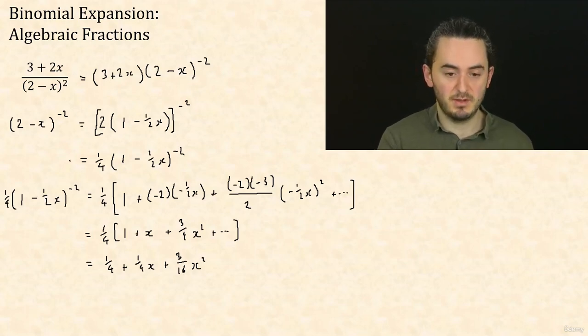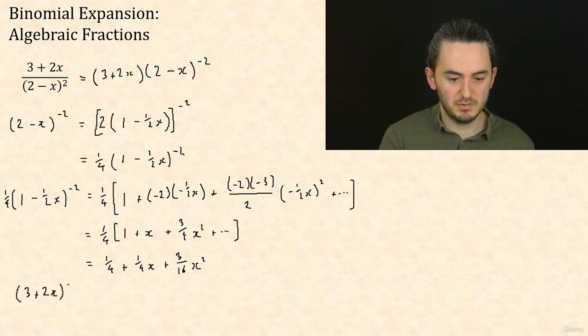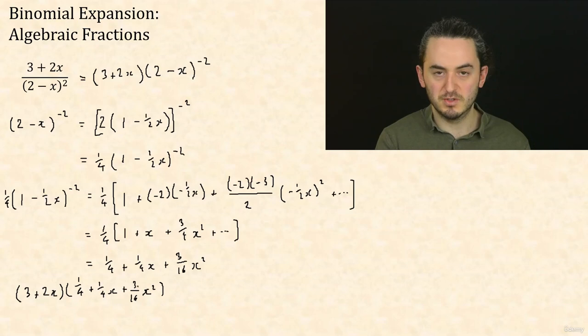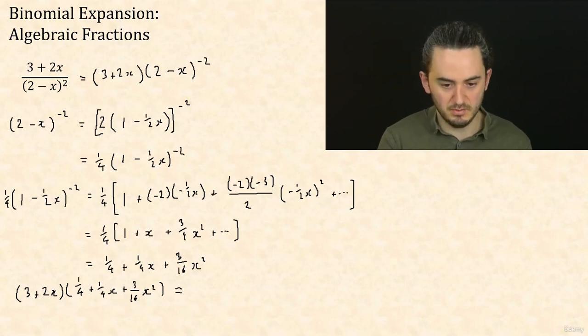But remember, that is this bit here. We need to multiply that by 3 plus 2x. So now I'll do an expansion of 3 plus 2x multiplied by 1/4 plus 1/4 x plus 3/16 x squared. Now we could have actually kept that 1/4 factorized out maybe, but this is not too hard.